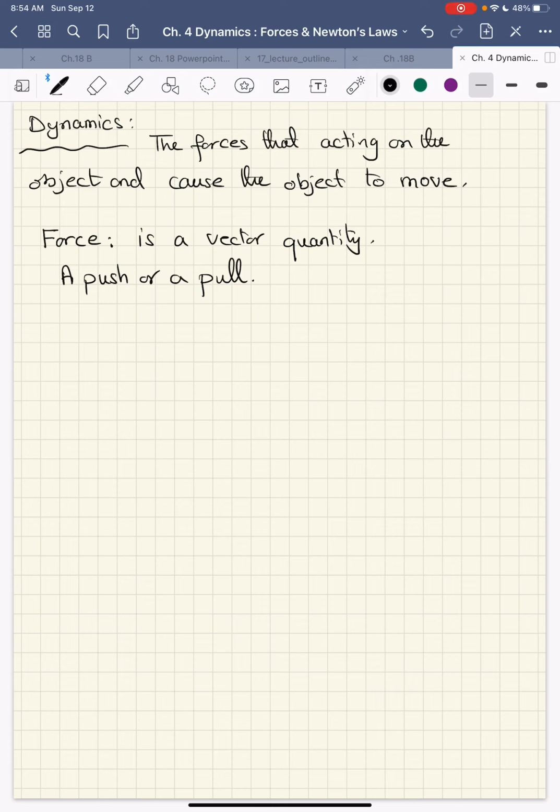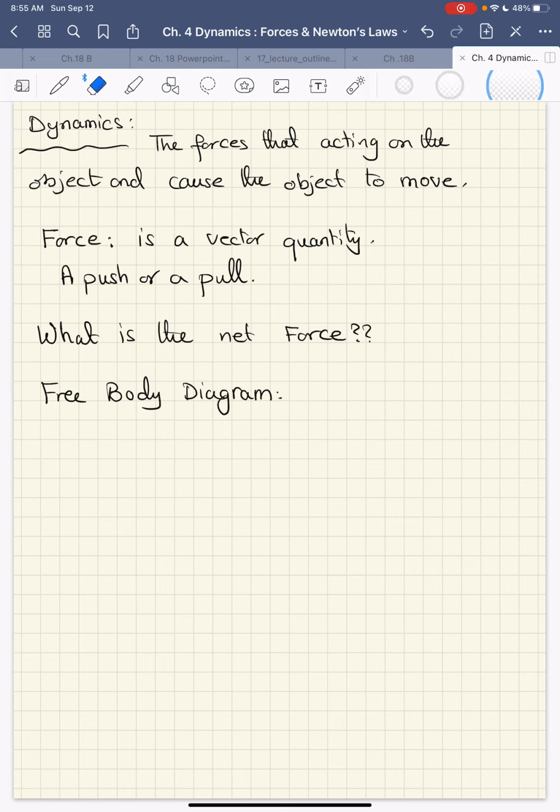Now, in order for us to find out my main question, what is the net force, I need to draw something called a free body diagram. The key for any solution in this chapter has to do with the free body diagram.